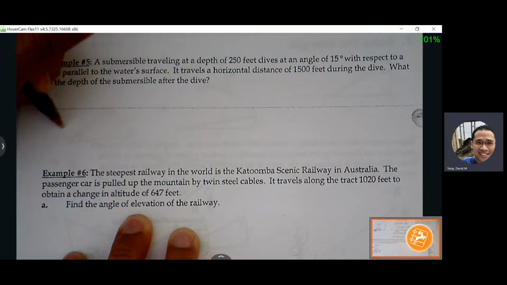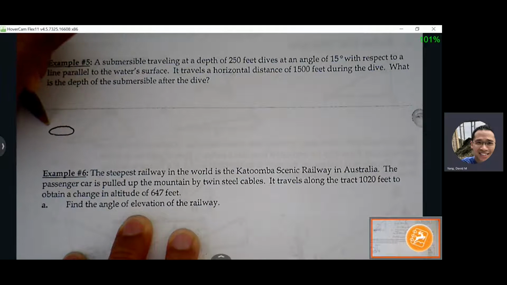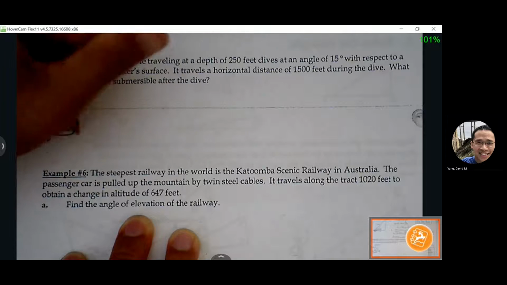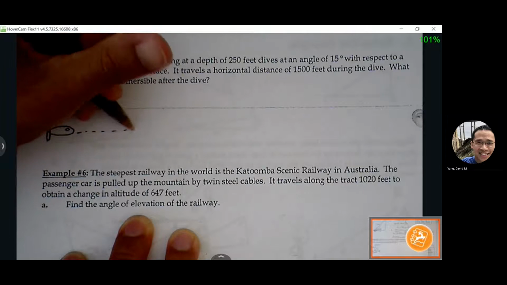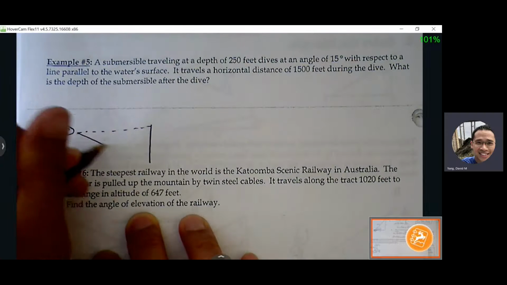So I'm just going to draw a little diagram here. And so here's my triangle.